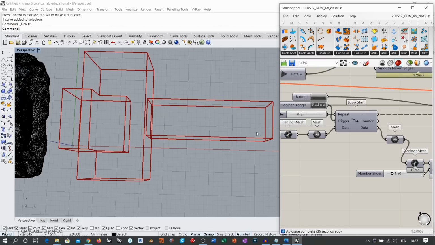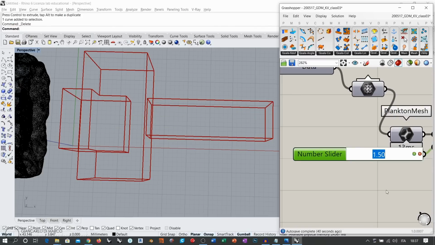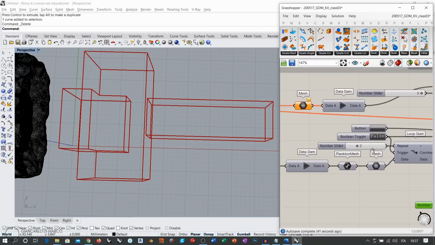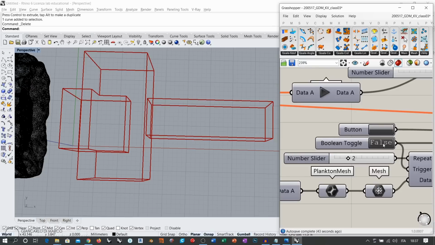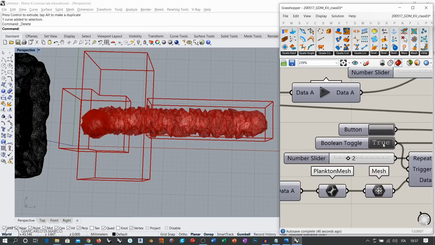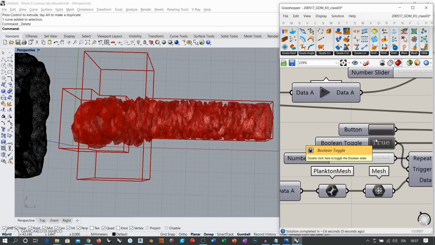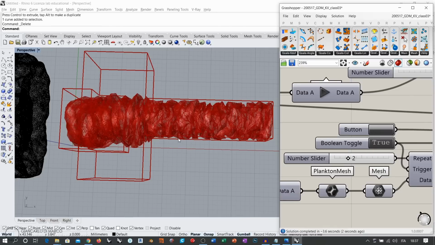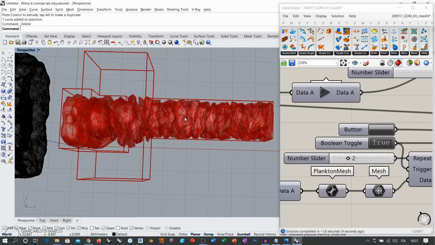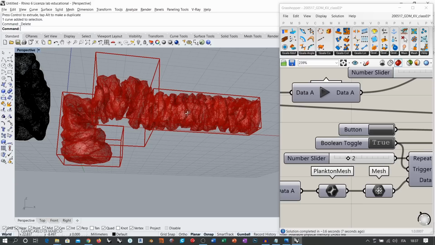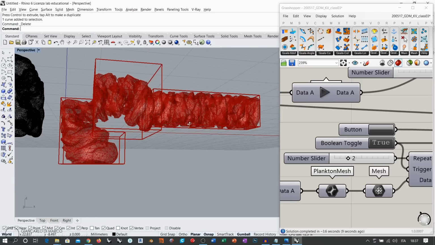So yes, you see we have the same behavior more or less, so I would say 1.25. Let's see if this gives us more polygons for this mesh. I think yes, it's already becoming slower. See how many subdivisions happened already. And this thing is going to expand inside this volume.